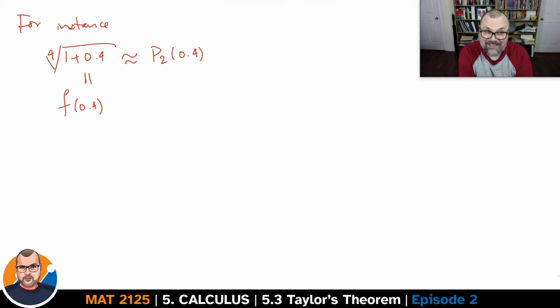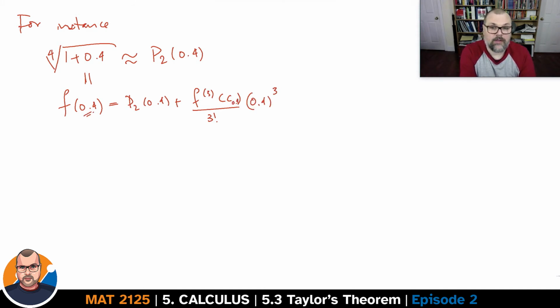Now, in reality, f at 0.4 is equal to p2 at 0.4 plus this quantity here, where c of x is really dependent on 0.4. The problem is we don't know what the true value of c at 0.4 is. We just know it's some number between 0 and 0.4.